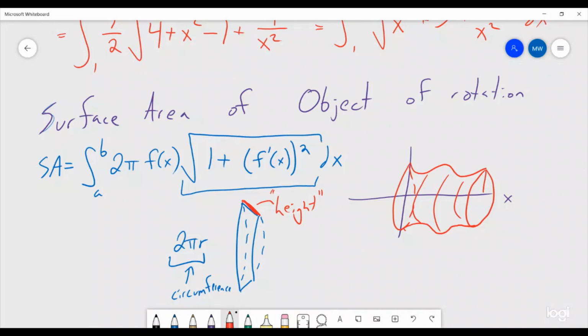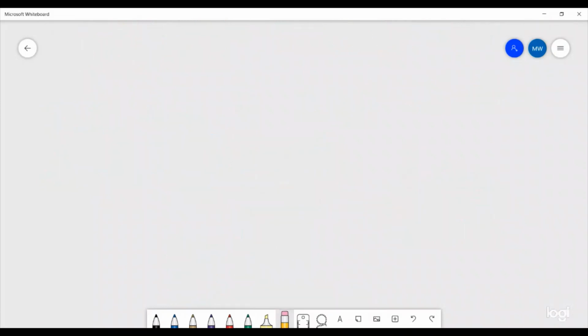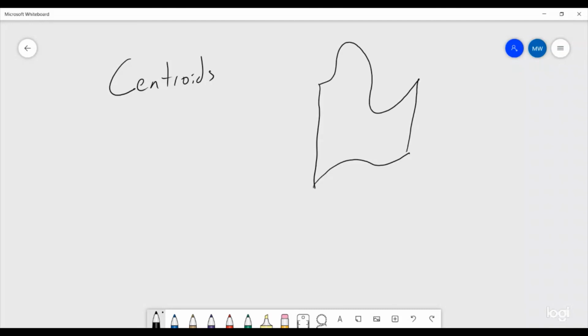The last thing I think I'm going to go over are centroids. So we have some object, I don't know what it is, but we have some sort of shape here. The centroid is like the center of mass of all of it. So this would probably be about the center of mass if this was uniform.